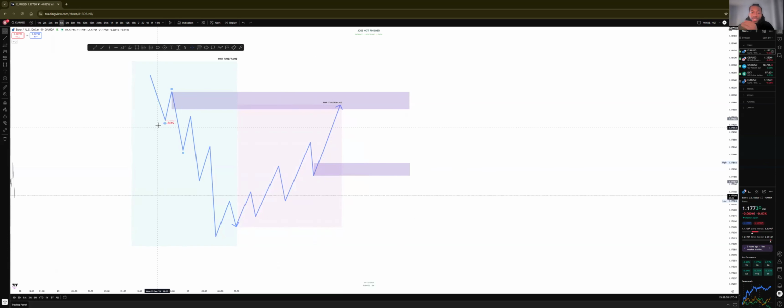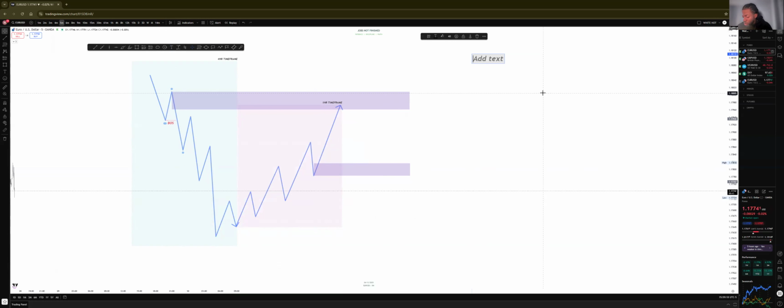So we know that the higher time frame holds more precedent. It holds more importance. I'm going to give you these time frames once again. These are the time frames that we trade. When I say trade, I mean we pay attention to. We don't look at every single time frame.